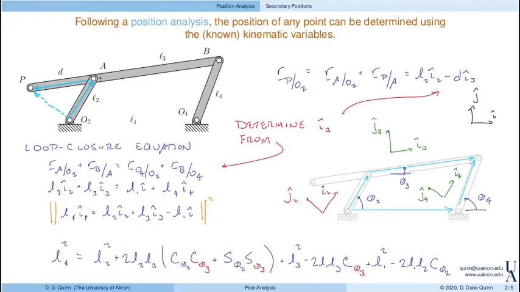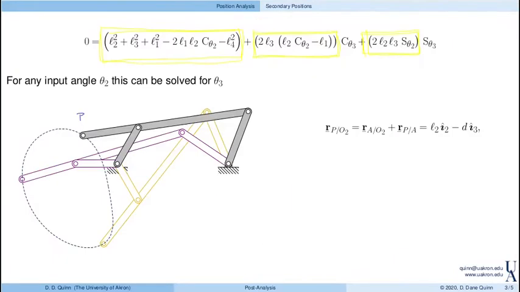But then we have this extra bit that extends down to the left. And that's a distance d away from A. Remember, A was here, O2 is there. So we're really interested, again, in the position of P with respect to O2. Right? So that's this vector here.